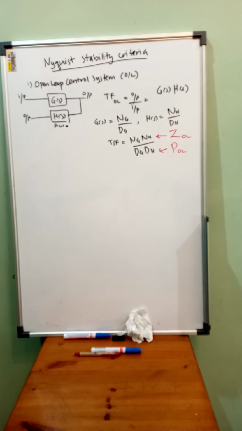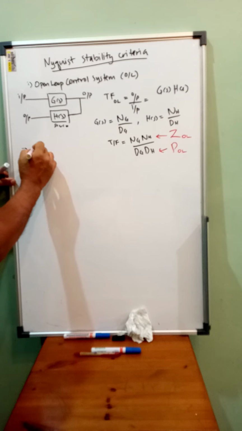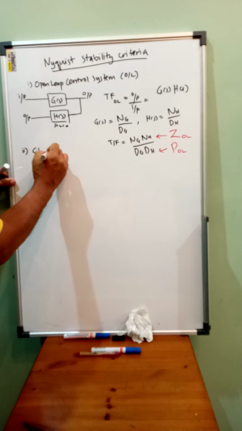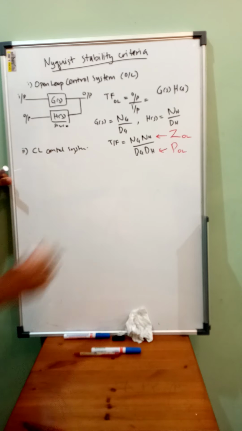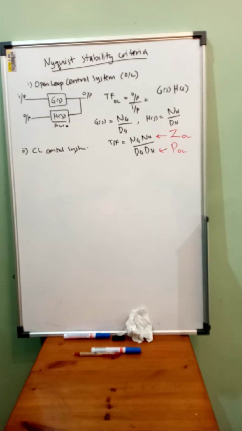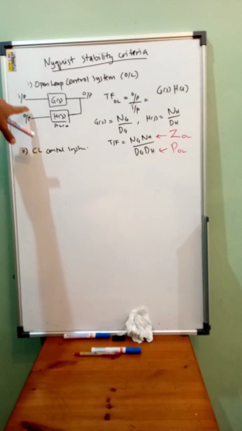Next is the second case, the closed loop control system. For a closed loop control system, the output of the sensor goes back to the input for comparison.